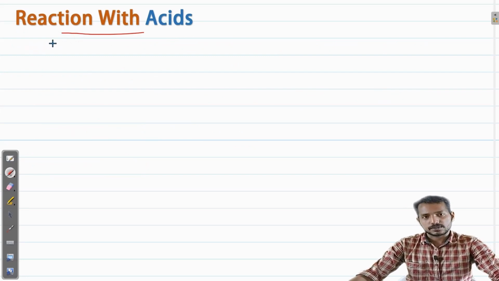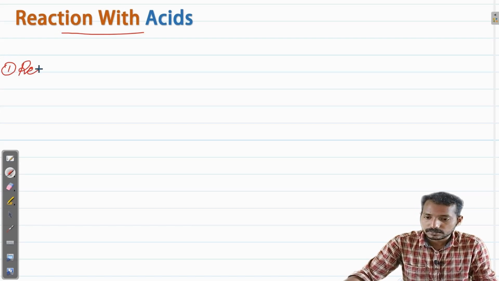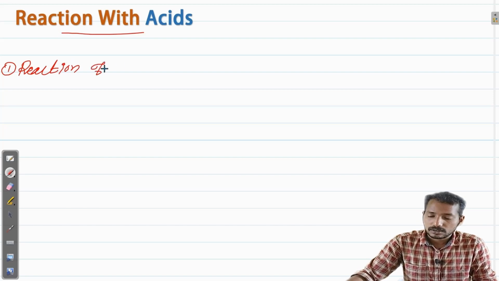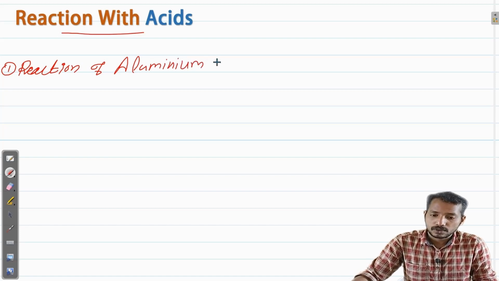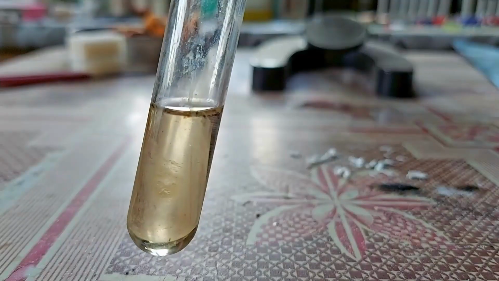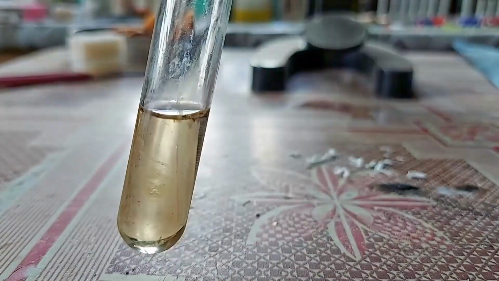Generally, metals react with acid. First, I am taking the reaction of aluminium with acid. Here I have taken some acid in a test tube.